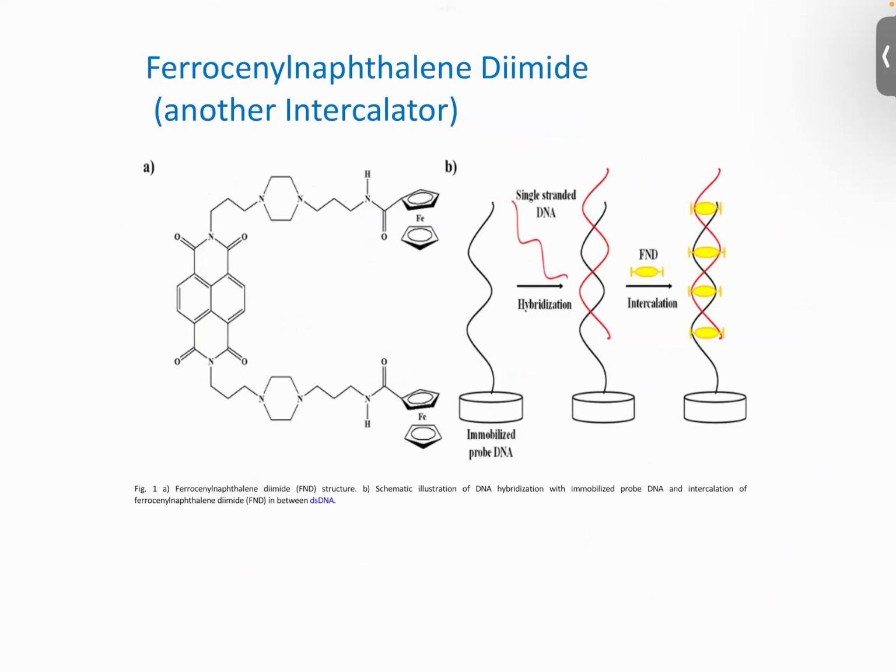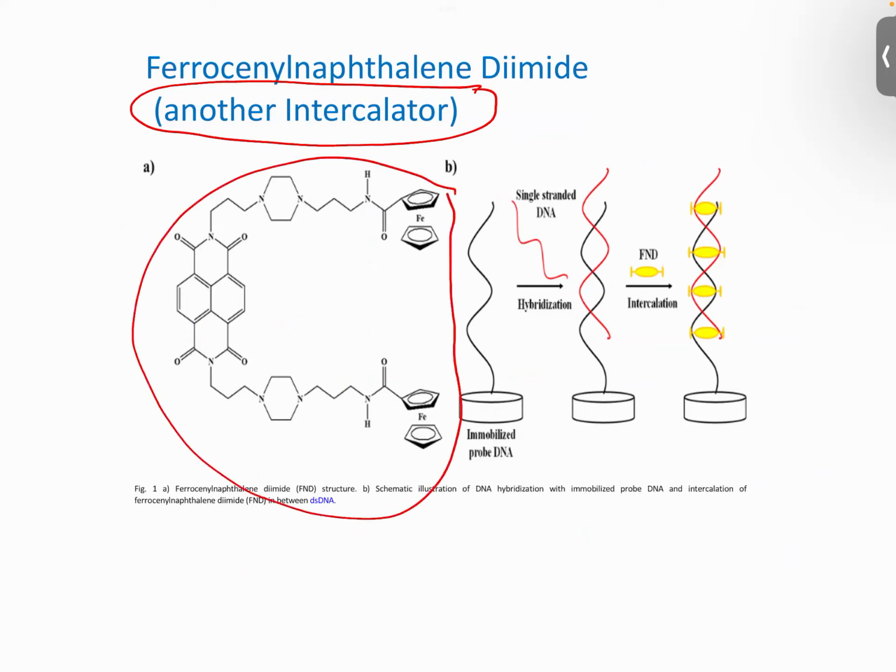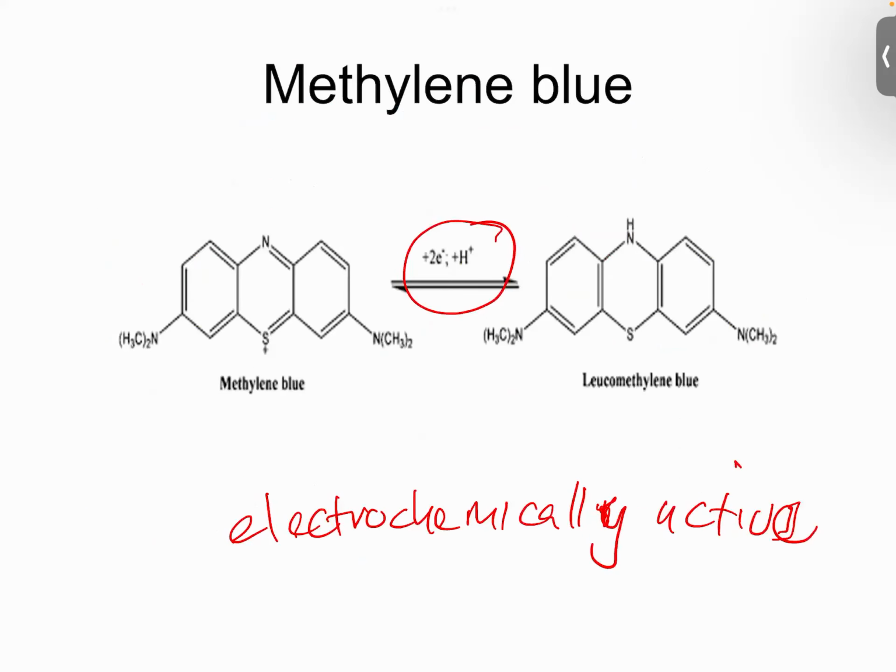This is another type of indicator. It's also an organic compound. A lot of synthetic chemists, organic chemists, are the ones who usually do the organic synthesis. If you look at the structure of methylene blue, you can see that commonly we have ring structures in a hybridization indicator.